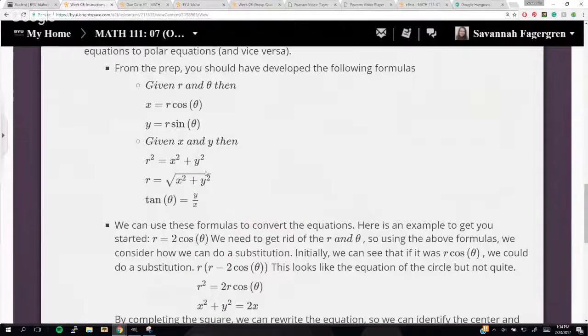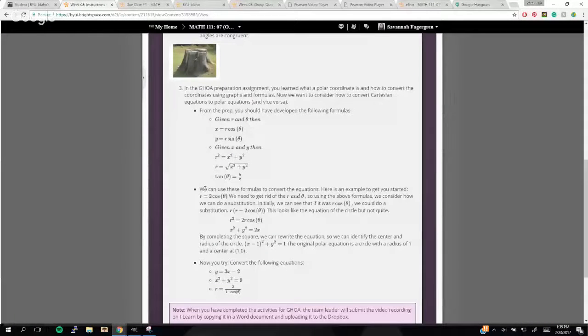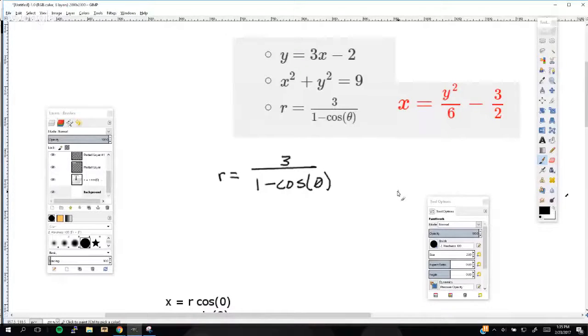One second, I'm just going to look at the formulas again. Because if we times both sides by r, then you'd have r squared, and then would that make it 3r?